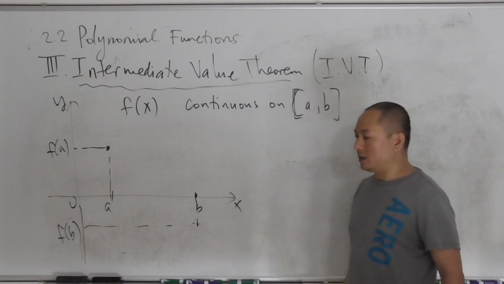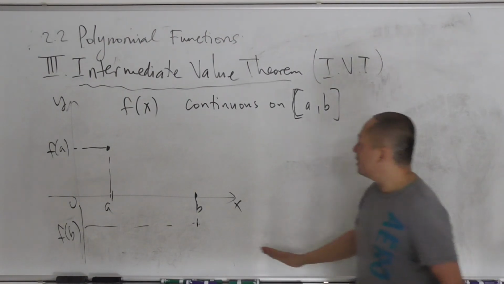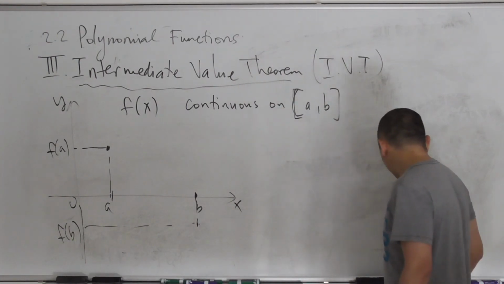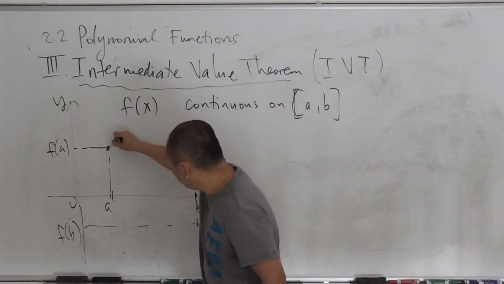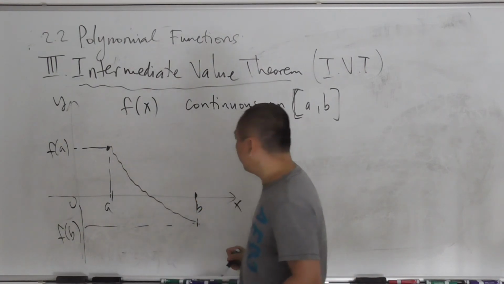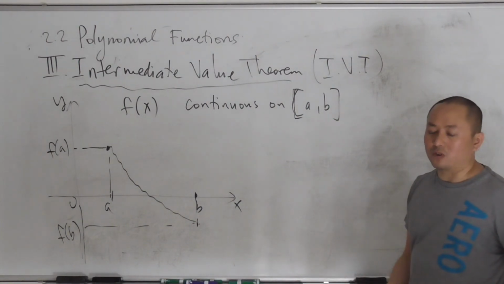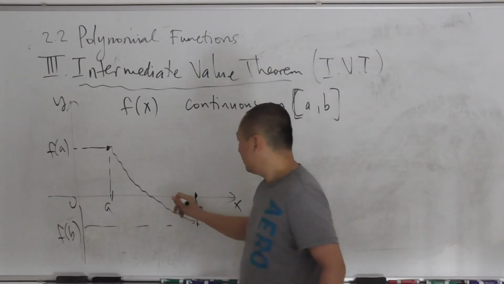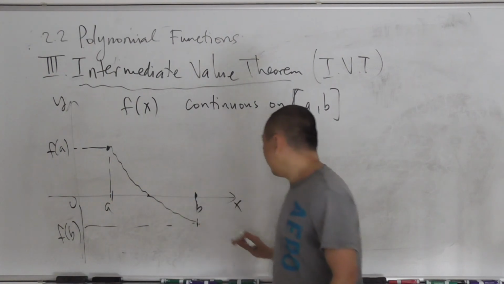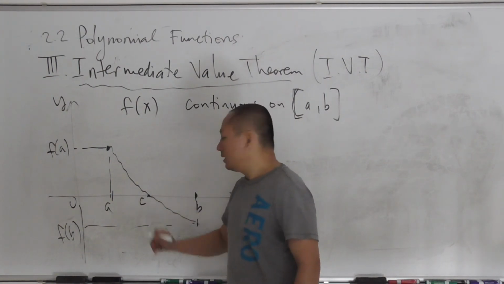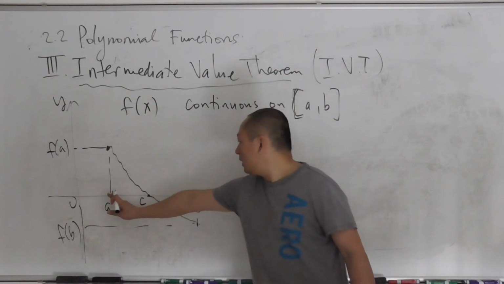So one point is above the x-axis, one point is below the x-axis, and since the function f of x is continuous, you gotta draw the graph of this function from a to b as a non-stop curve. The intermediate value theorem said it doesn't matter how you draw it. Eventually, the graph will intersect the x-axis at a point C. Moreover, that point C will be somewhere in between A and B.